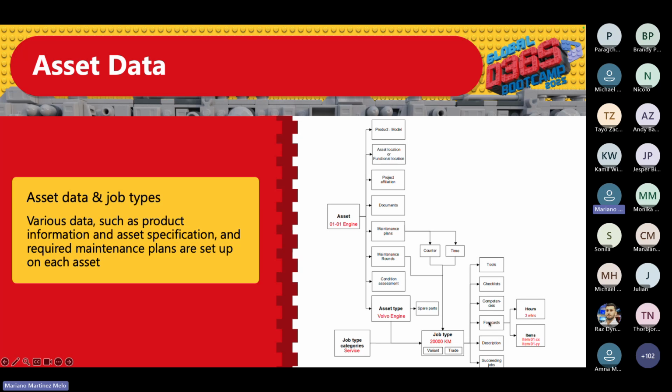And when we create this preventive work order, the system is going to create a budget for that order, and it is going to compare with the real time and the real items that we consume for this order.